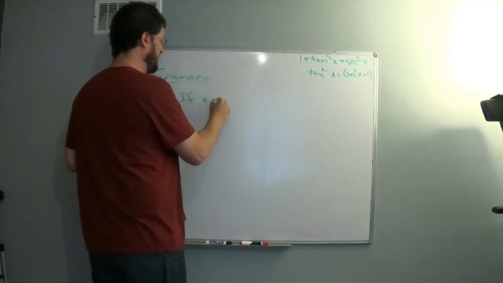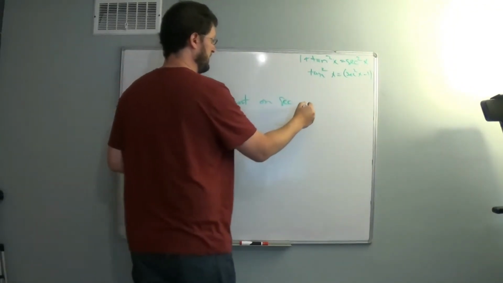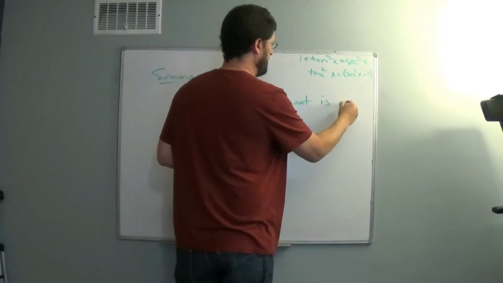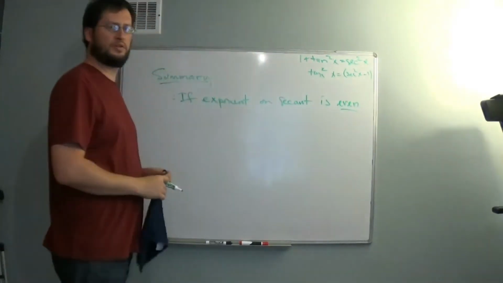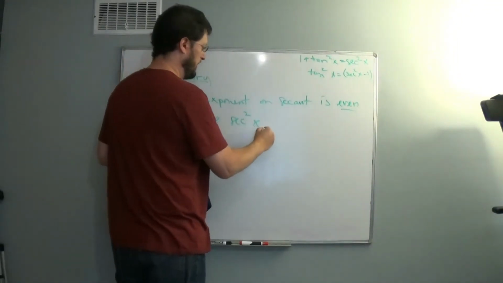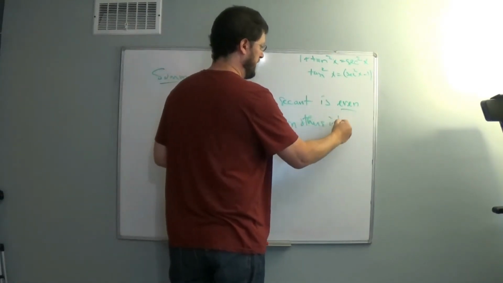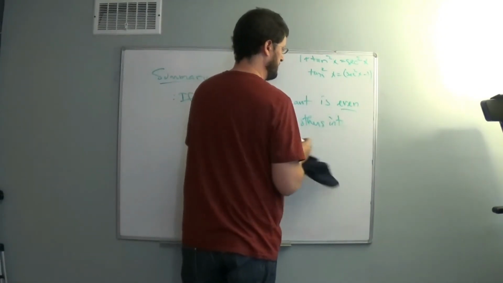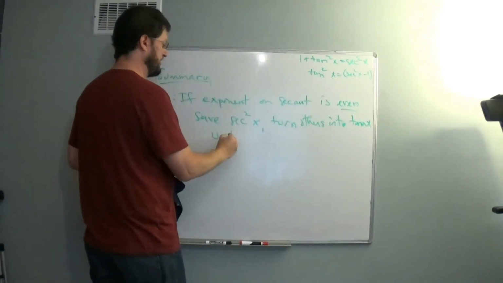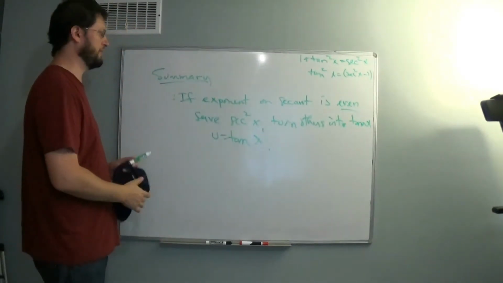If the exponent on secant is even, then we save 2 and turn the others into tan x. And then let u be tangent of x, so that the derivative is the secant squared that we started with.